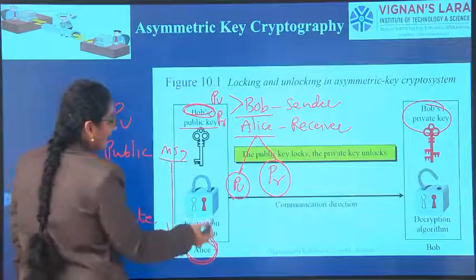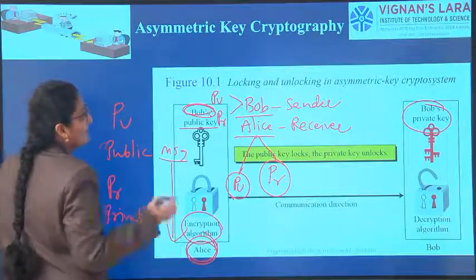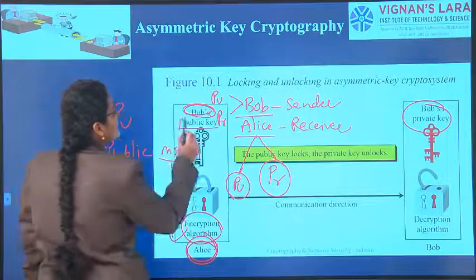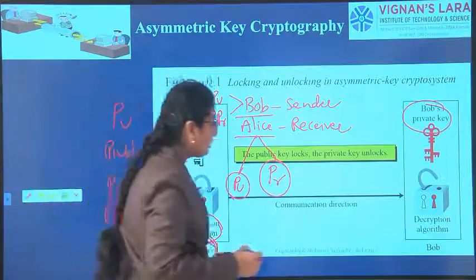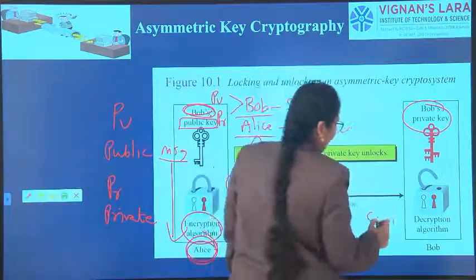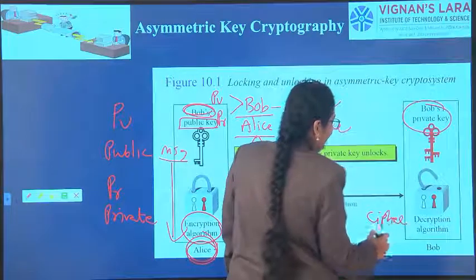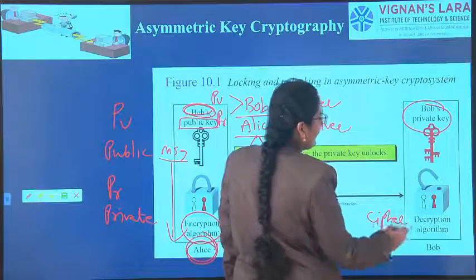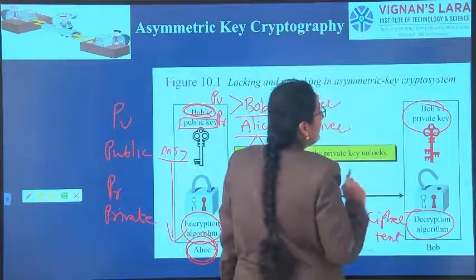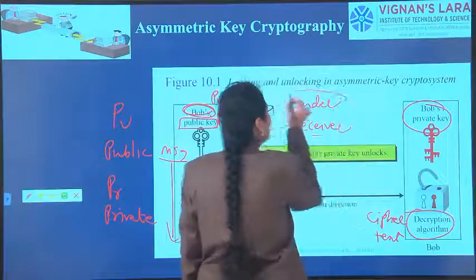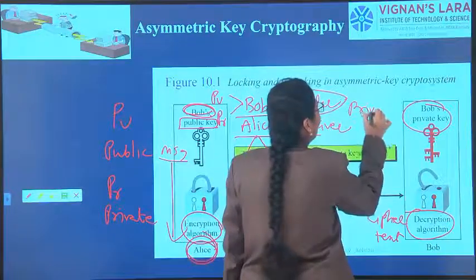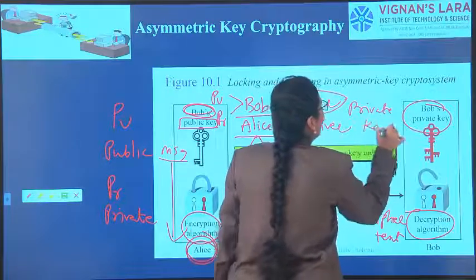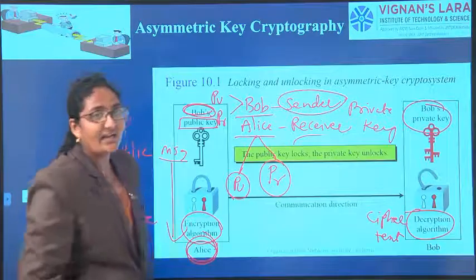This message should be encrypted using an encryption algorithm. For encryption we are using public key. So Alice will get cipher text. This cipher text should be decrypted using a decryption algorithm. For decryption again we are using the sender's private key.